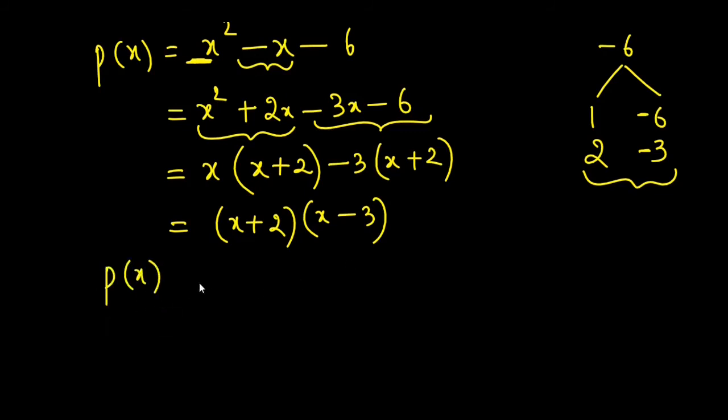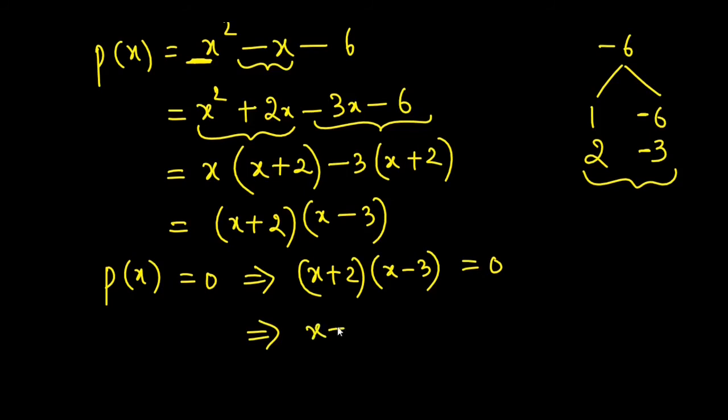P of x is equal to 0 implies x plus 2 into x minus 3 is equal to 0. So it implies x plus 2 is equal to 0 or x minus 3 is equal to 0.